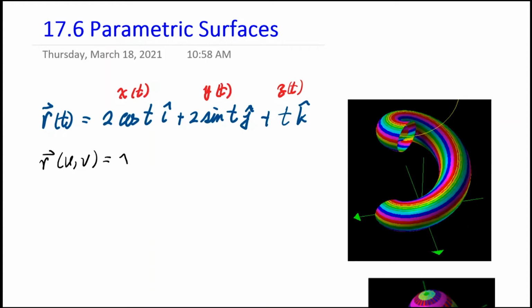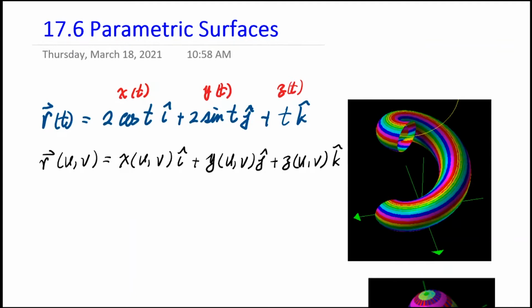Generally it's going to look like some x, a two-variable function of u and v, with the i vector, plus some y, a two-variable function of u and v, with a j vector, plus some z, a two-variable function of u and v. Instead of using t, they tend to use u and v here. This is what it looks like generally.